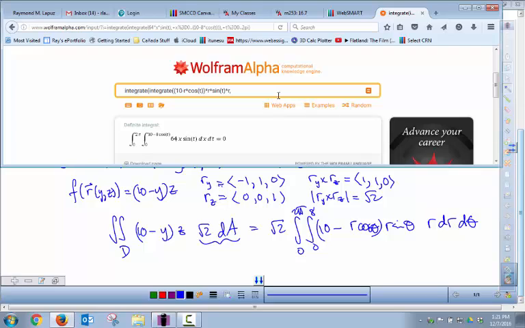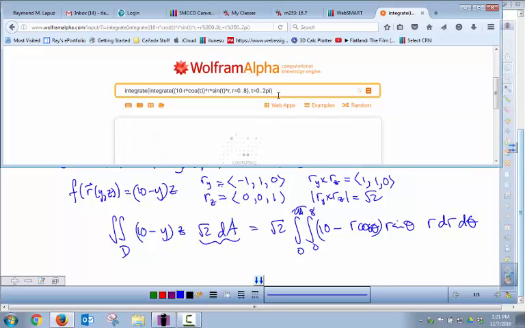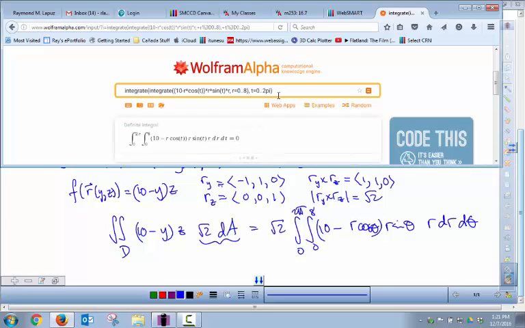Okay, and so r is going to go from 0 to 8, and theta is going to go from 0 to 2 pi. Zero again.